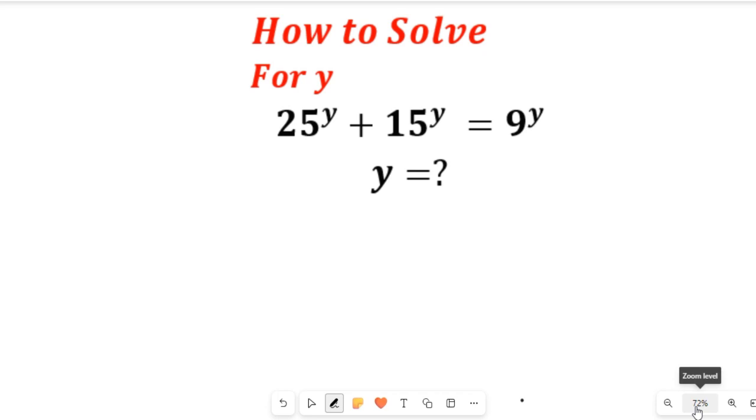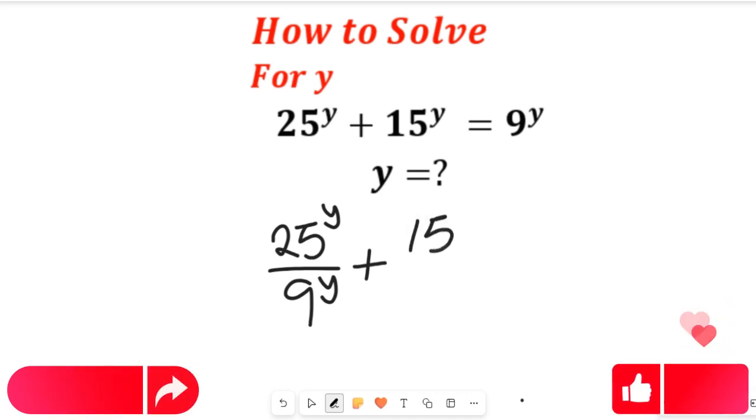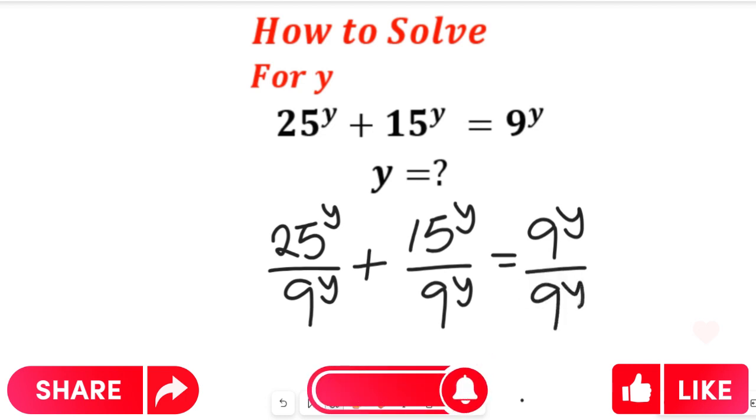Now, if we want to do that, we have to divide all sides by 9 to the power of y. If we do that, we are going to have 25 to the power of y divided by 9 to the power of y, plus 15 to the power of y divided by 9 to the power of y, and this will be equal to 9 to the power of y divided by 9 to the power of y.